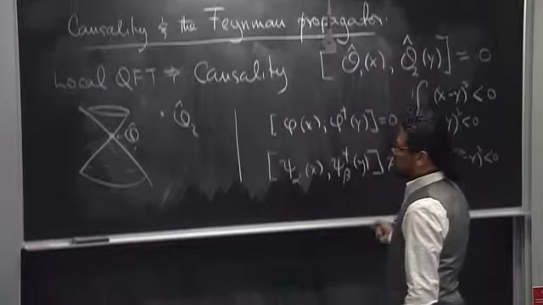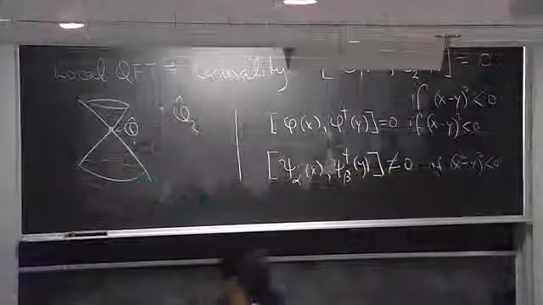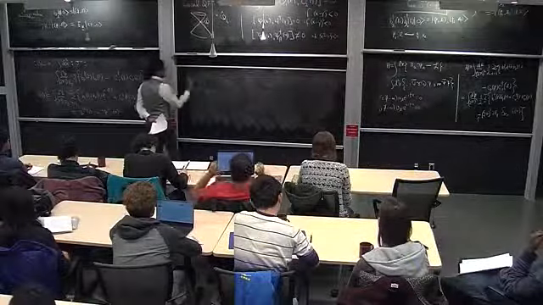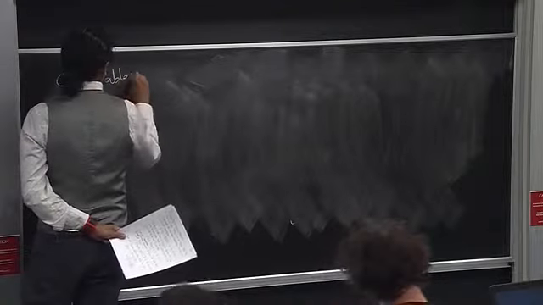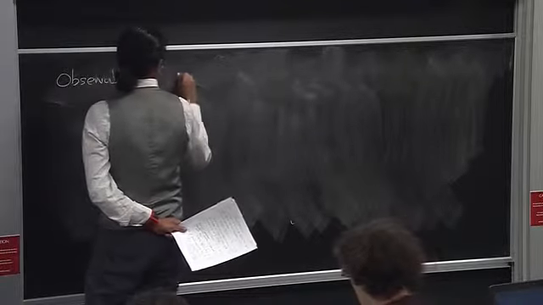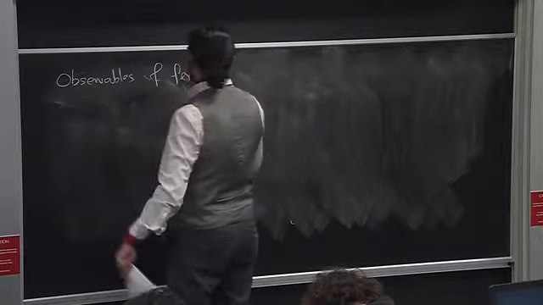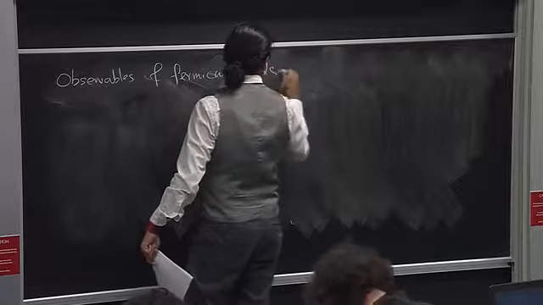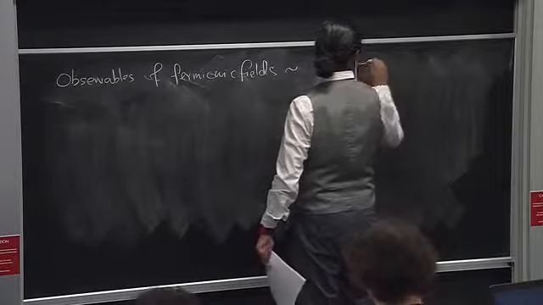So the way out of this puzzle is to observe that all the observables made out of fermionic fields have the form that they are bilinears of the fermionic field.